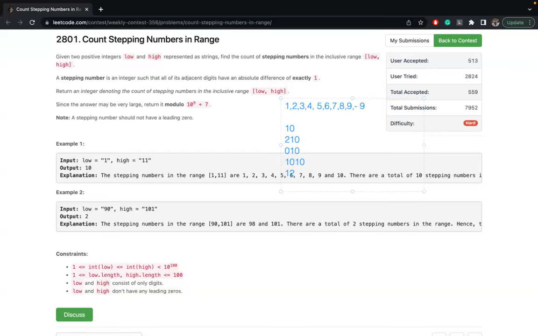If the second digit is 2, then this value can be 1 2 1 0, or any other possibility: 1 2 3 2, or 1 2 3 4, or 1 2 1 2. This was missing.